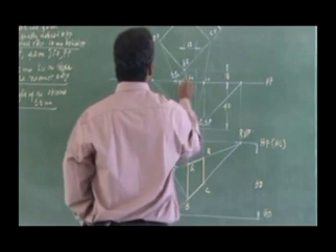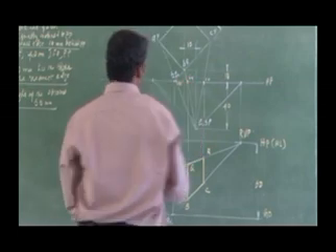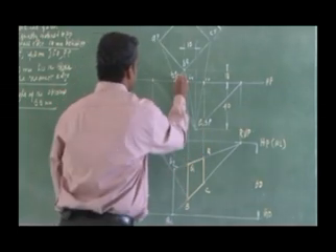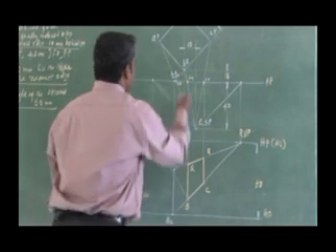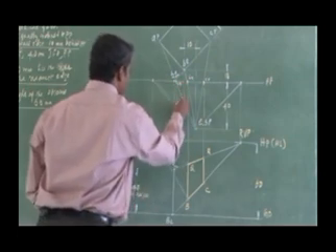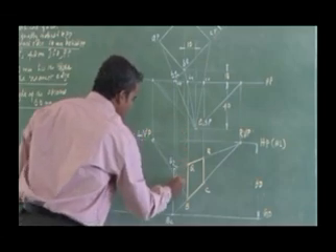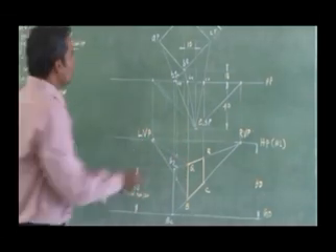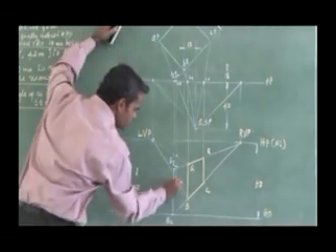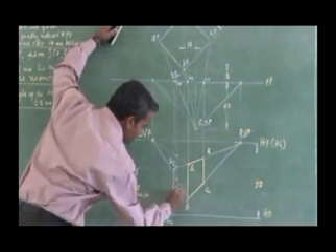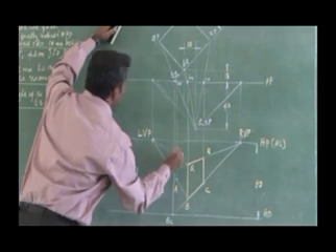So this is going to be my intercept of AP. By projecting that, I will get the perspective location of edge AP. This is going to be my A, and this is my P.